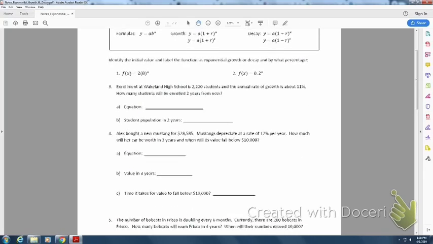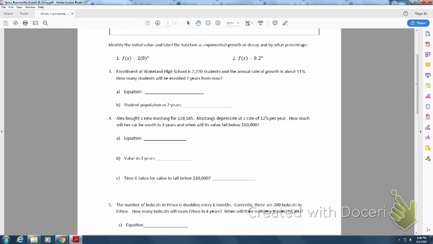So let's jump down to 1 and 2. Identify if it's growth or decay, and then by what percentage. So number 1, is that growth or is that decay? Growth. How do I know that? Because what is above 1? Okay, because the b value, or 8, is greater than 1. It is a growth by what percentage?